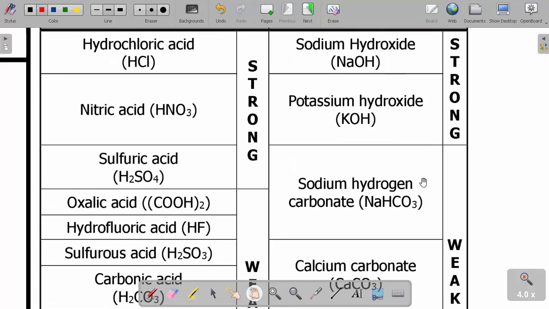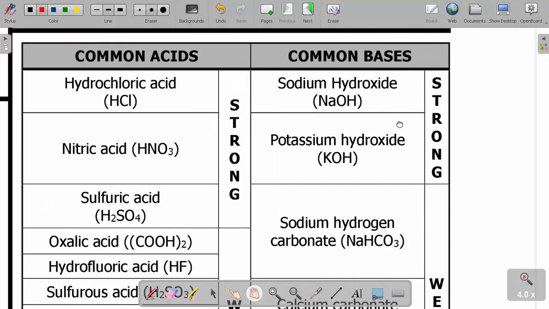Then on the side of the bases, the group 1 elements, that is sodium and potassium, form what we call the strong bases. We say that strong bases completely dissociate in solution.